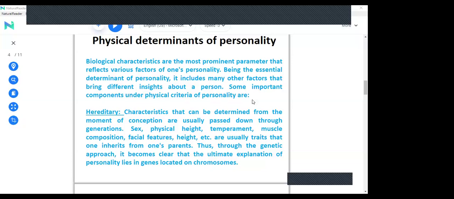Then I told you, my dear student, that the physical one engages with the psychological one, and the psychological one engages the physical one. Then this personality topic, you know, determines and engages each and every one.